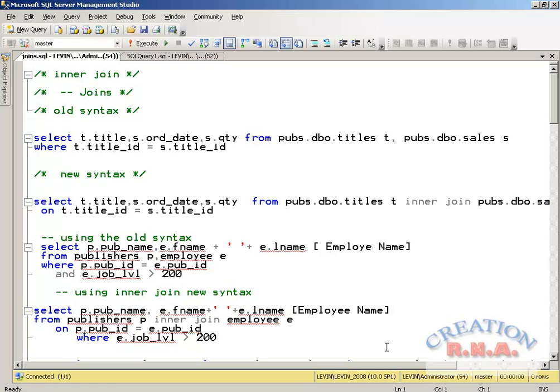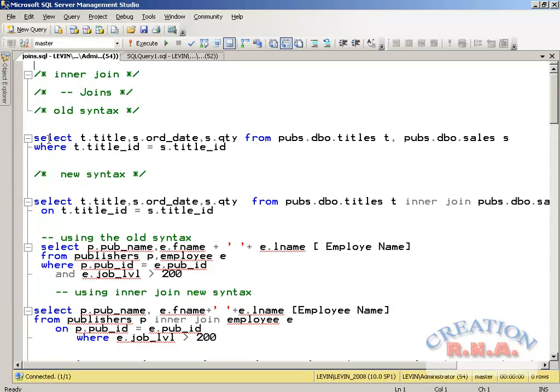Now let me explain one by one, starting with the equijoin. An equijoin is a join where two tables have the same key and they are joined with that key. As I already explained, in one table it may be a primary key, in the other table it may be a foreign key. Let's take an example here.